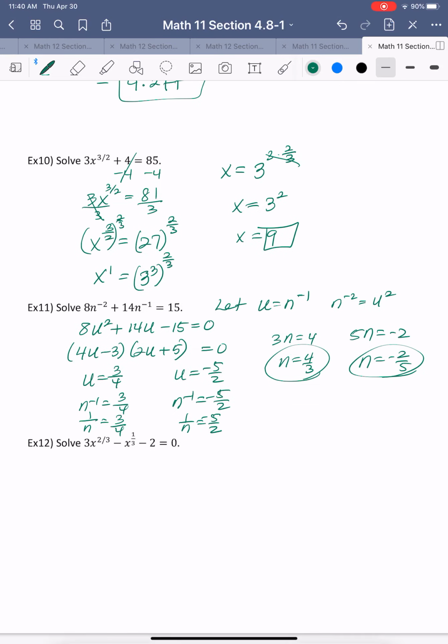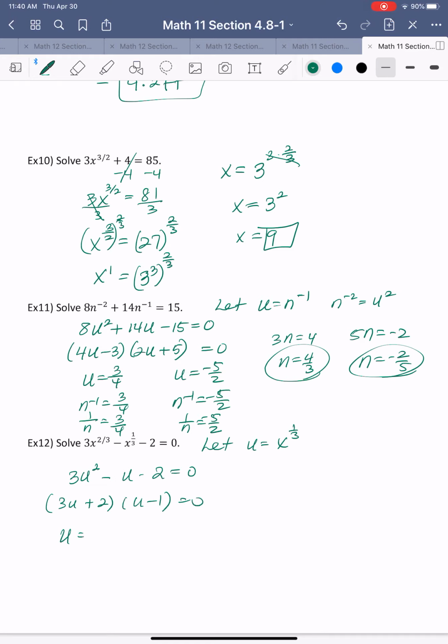Same thing here too. I want to let u be x to the 1/3, which makes 3u squared minus u minus 2. So factor it out: it's going to be 3u plus 2 times u minus 1.